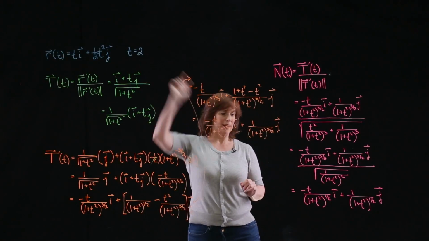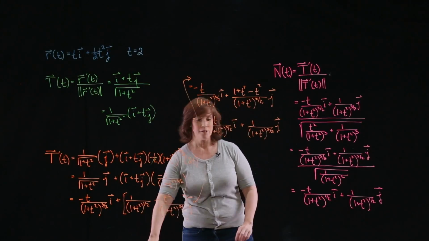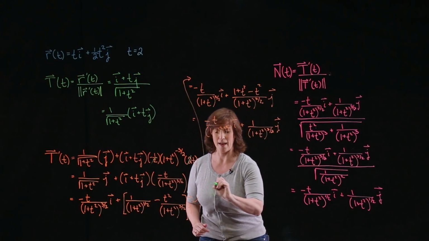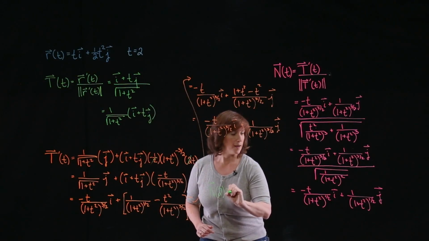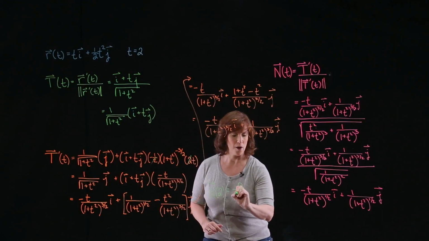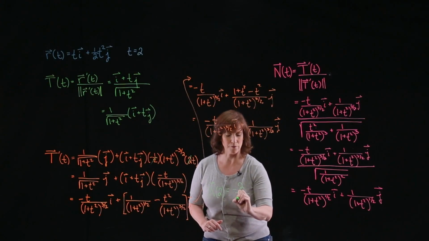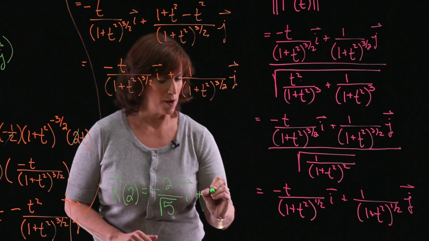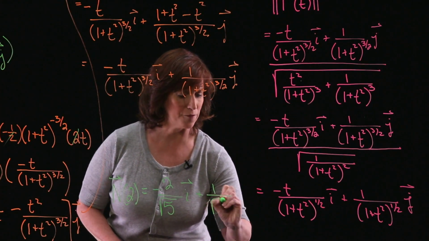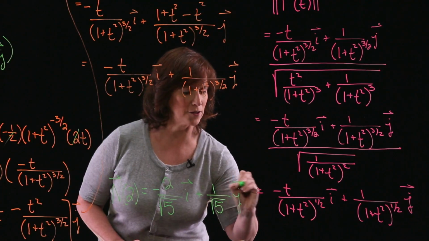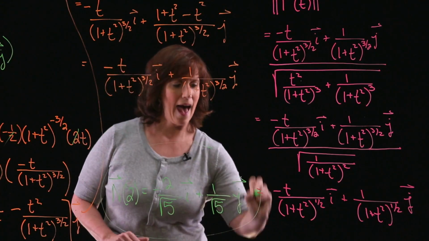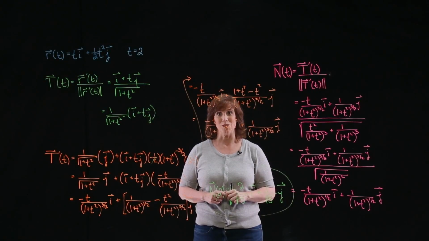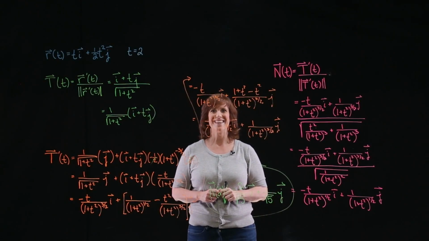I'm interested in what's happening at t equals 2. So what happens when t equals 2? Well, my normal vector then becomes minus 2 all over the square root of 5 times vector i plus 1 all over the square root of 5 times my vector j. And that is my unit normal vector when t equals 2. I hope that was helpful. Thanks.